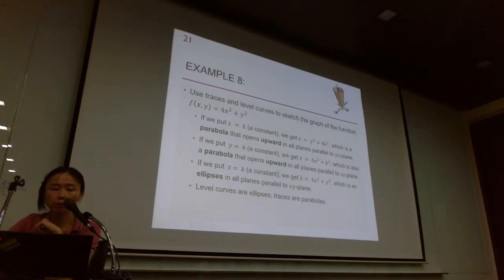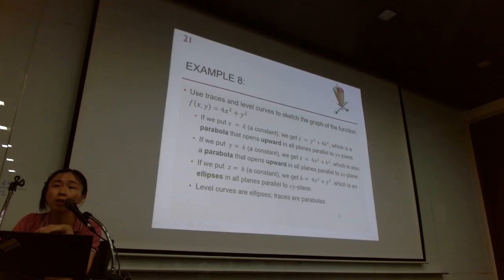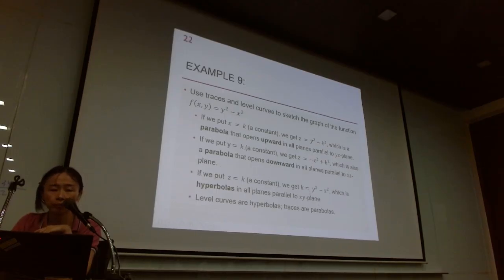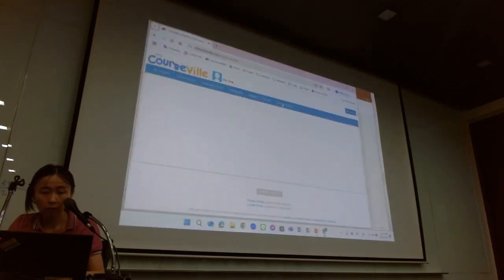Then k equal to 4x squared plus y squared, so it's an ellipse. In this one you define. If you know ellipse, you know parabola, it can help you define the shape. So you can somehow imagine what the whole 3D image will be. If I change to a minus, what will it be? Maybe I will show it here, sorry, to make it easier.